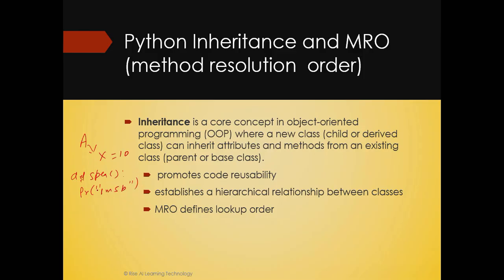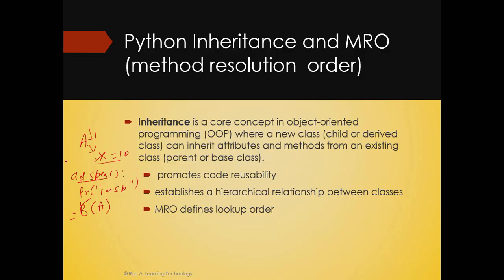If I derive one class B from this class A, then B can use the attributes of A, and it can also use the methods of this class. That is the concept.